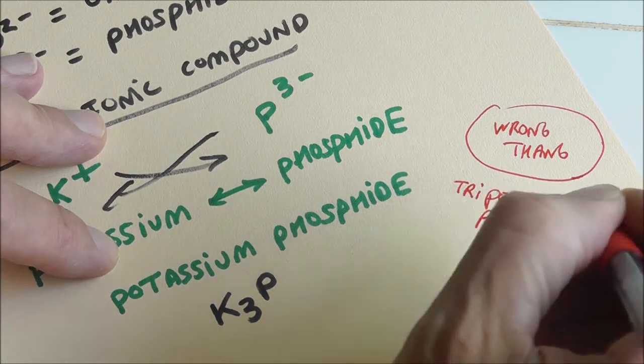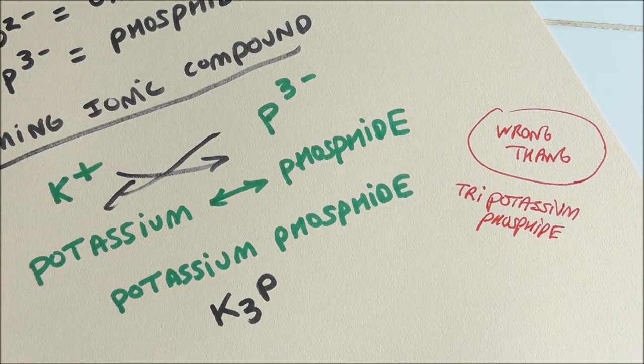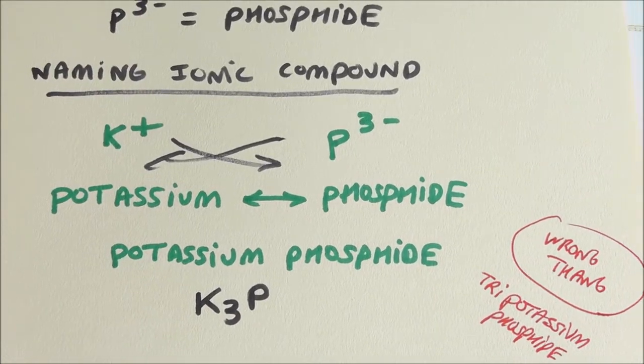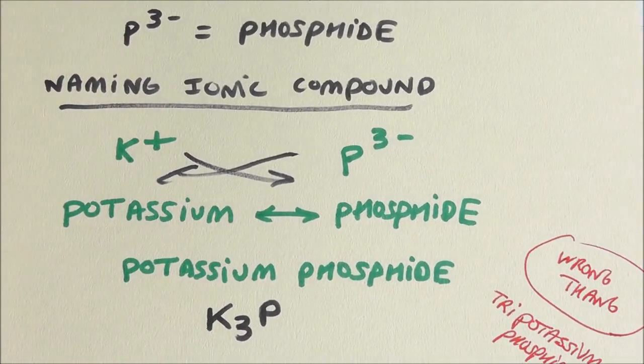And you see what you're doing there is you're making the name longer than it needs to be with that tri business. Now I know tri comes up, and di and tetra, all those prefixes come later with covalent compounds. So you see where we're evolving to here, folks? You know that that's K3P.